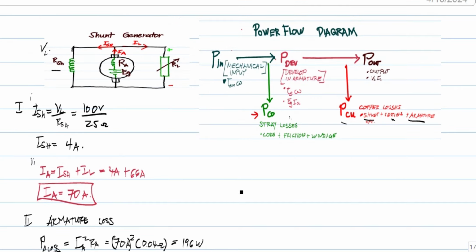Now, the 900 watts is the total loss. The total loss is the core loss plus the copper loss.